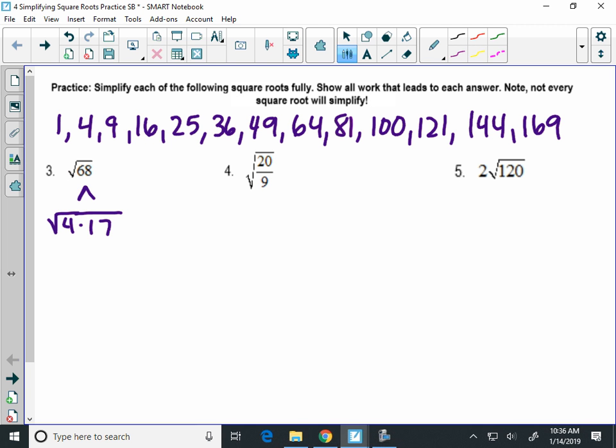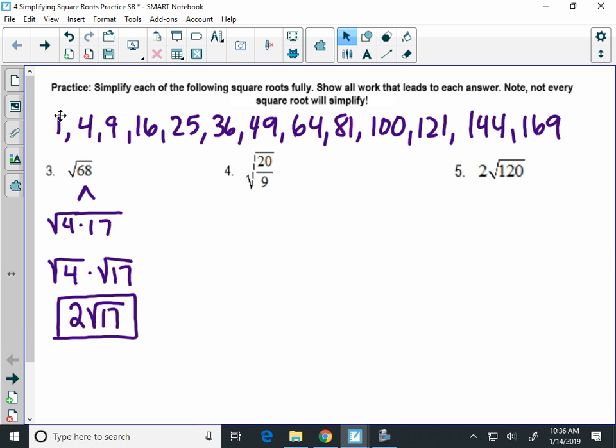A rule about square roots is that I can break the square root up over the multiplication symbol. So I can take the square root of 4 times the square root of 17. Now, the square root of 4 is 2, and the square root of 17 doesn't break down. So your final answer is 2 radical 17.